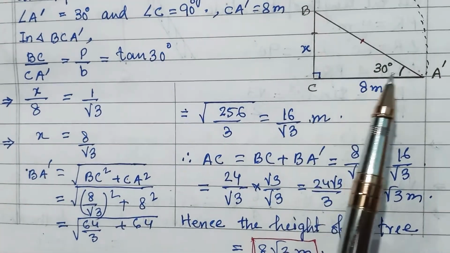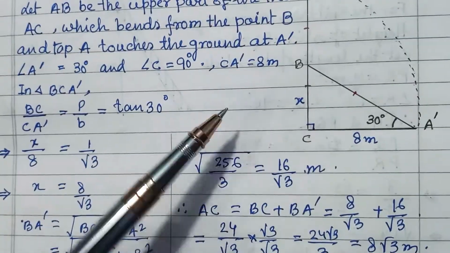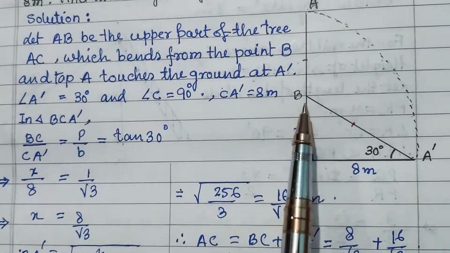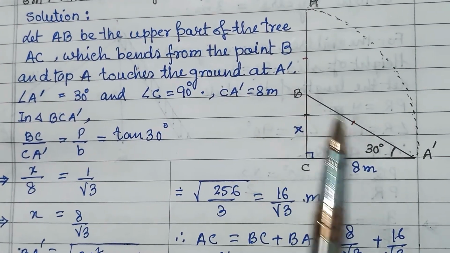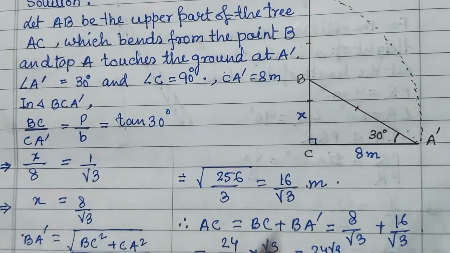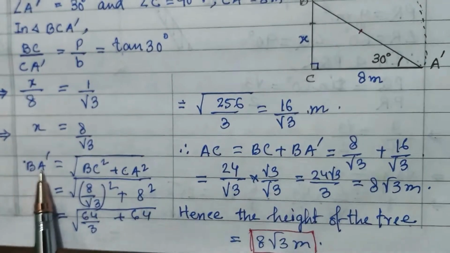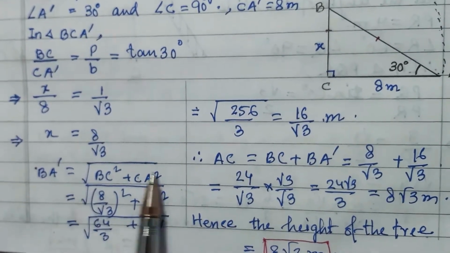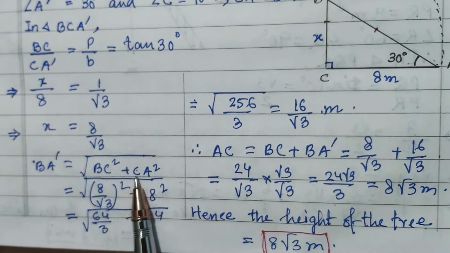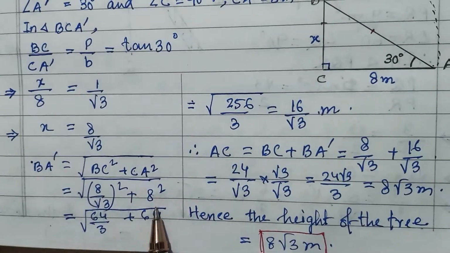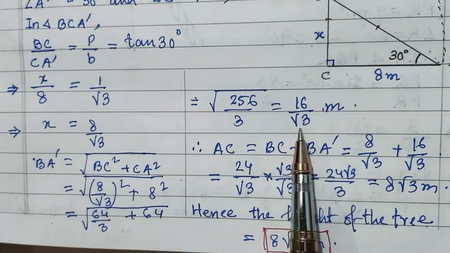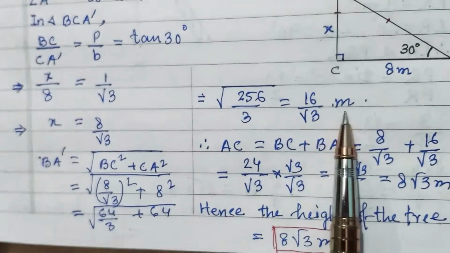Now by Pythagoras theorem we have to find AC. To find AC we have to know BC and BA dash, these two parts added. BA dash is equal to under root BC square plus CA dash square. Keep the values here and it comes to 16 upon root 3 meters.